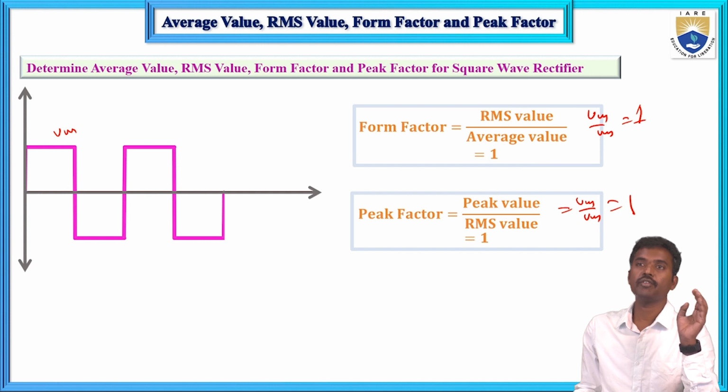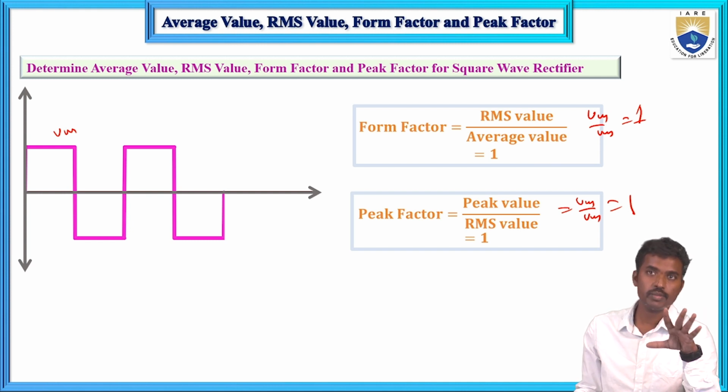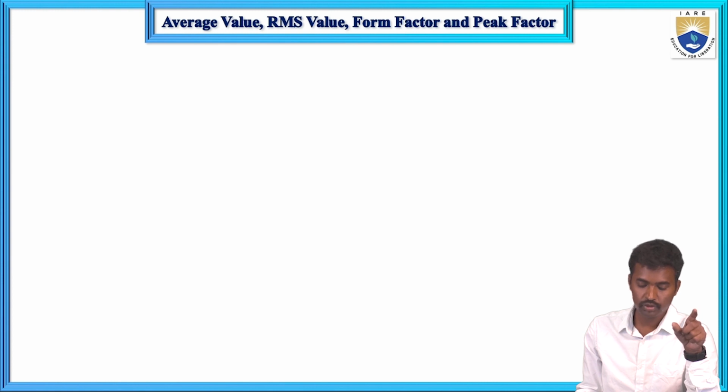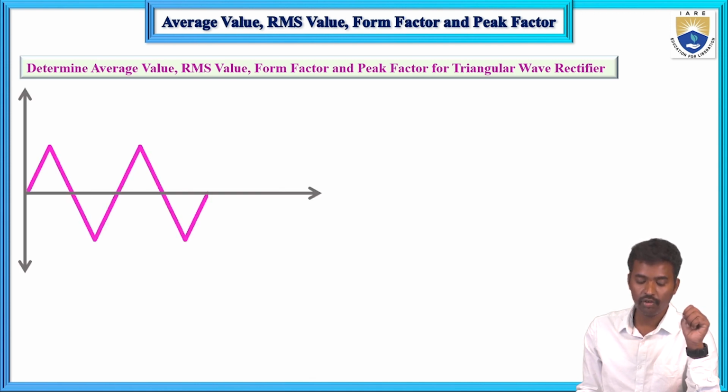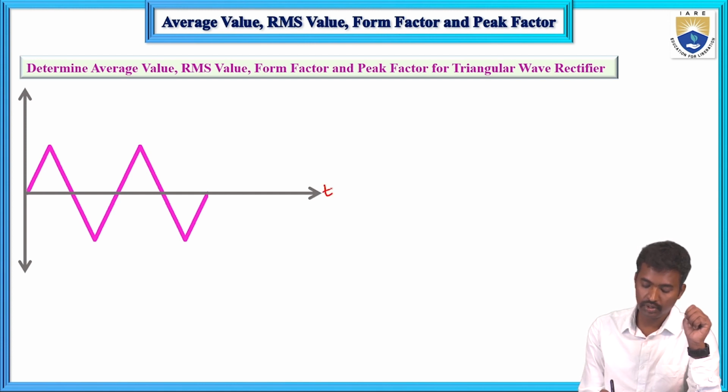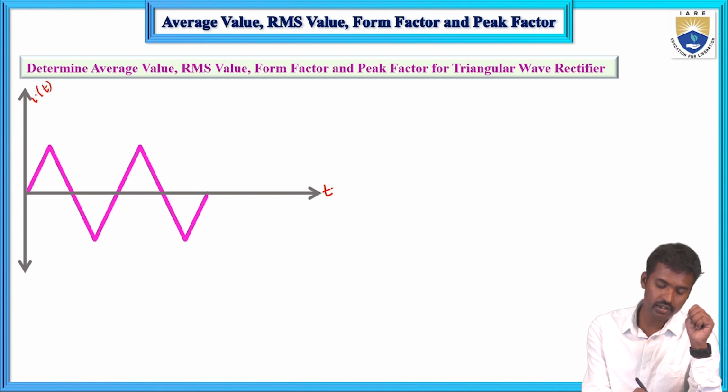Now the sine wave related problems are completed. Next is the square wave, and next is the triangular waveform. Determine the average value, RMS value, and form factor for a triangular waveform. Triangular waveform means this one. The x-axis is the time axis, and this is the voltage axis.